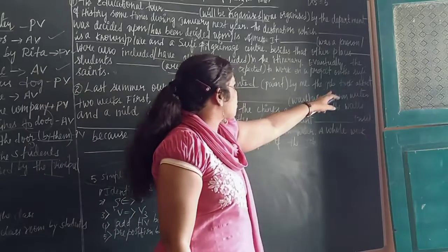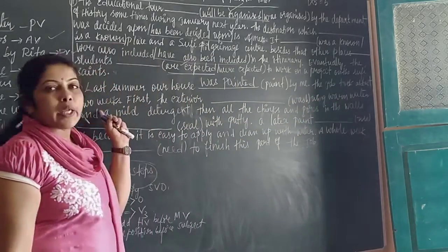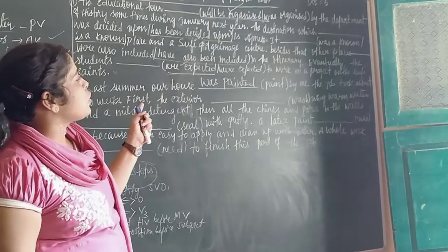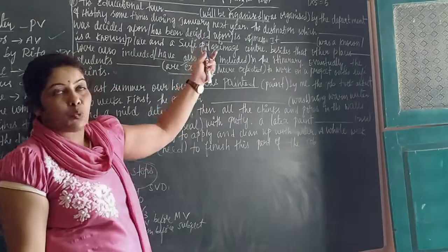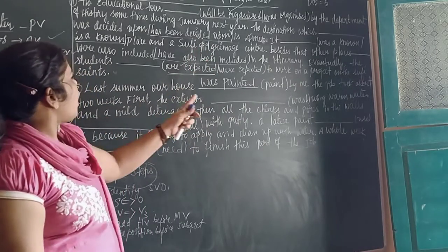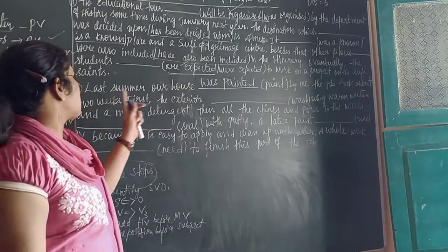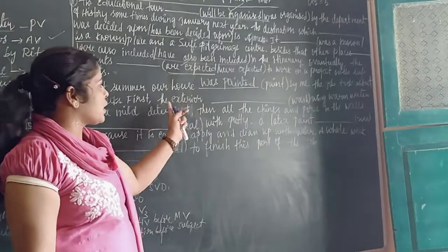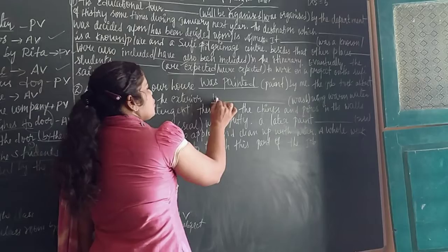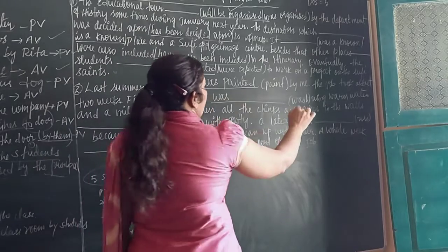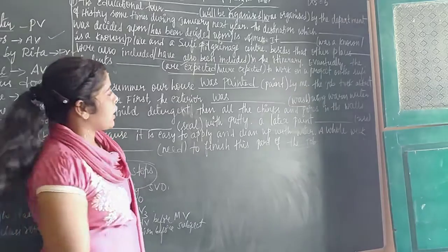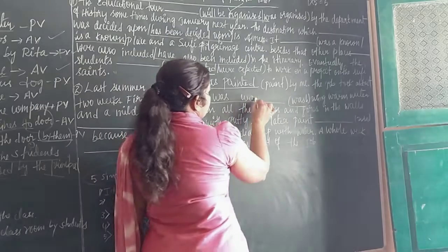The job took about 2 weeks. Again, the whole paragraph is in past tense, so you have to use past tense forms of the passive voice. First, the exterior, singular. So we have to use the helping verb was, and the past participle form of the verb wash is washed.